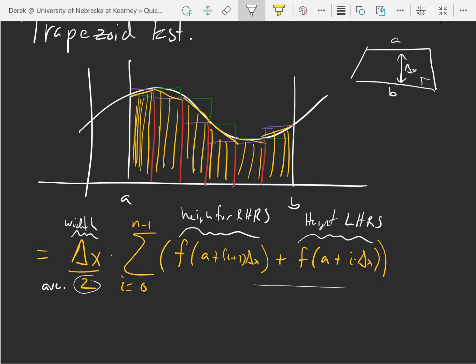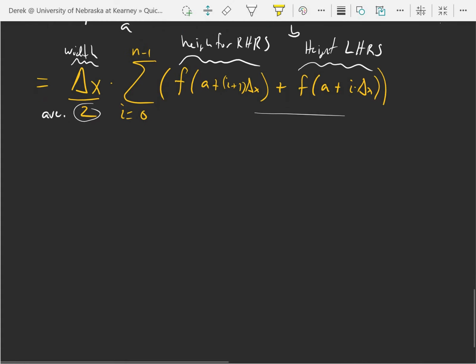And some texts go into better and better approximations and use weighted averages of maybe two of the rectangles or things like this.